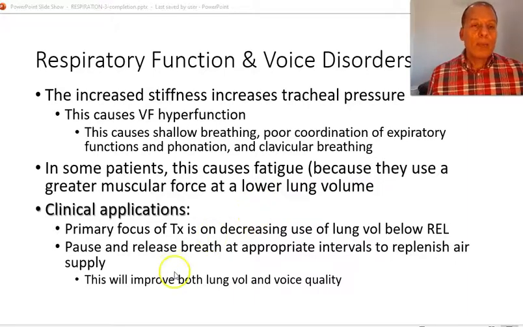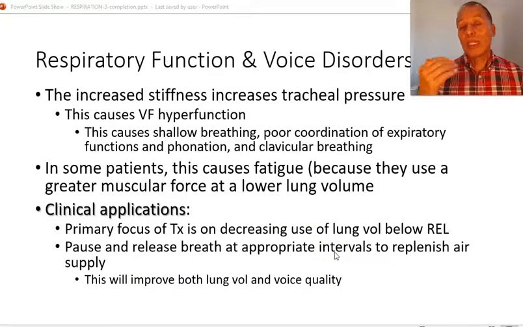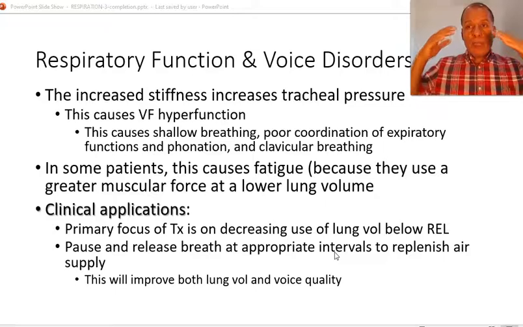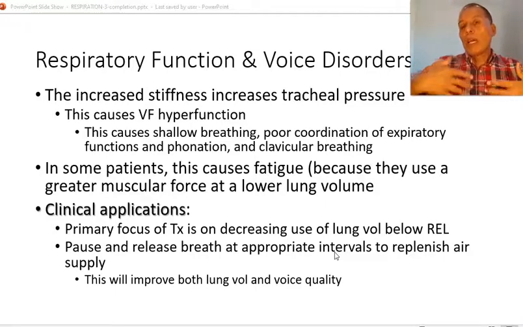In terms of clinical implications, we focus on decreasing the use of lung volume below the resting expiratory level, so that the person can begin with a greater amount of air. That means they wouldn't have to rely on the muscular energy of the accessory muscles too early.